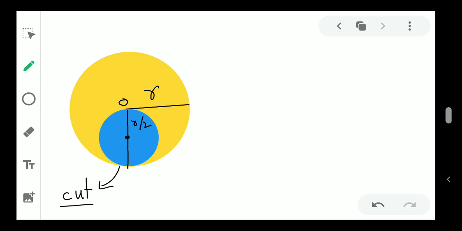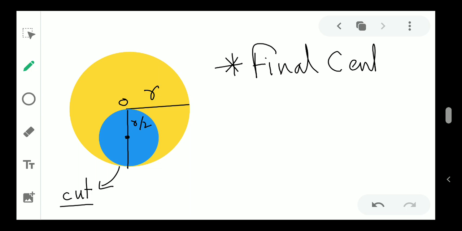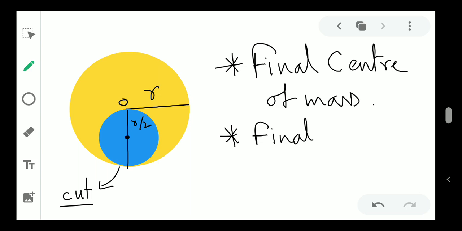Now we are going to find the final center of mass, and also we are going to find the final moment of inertia.